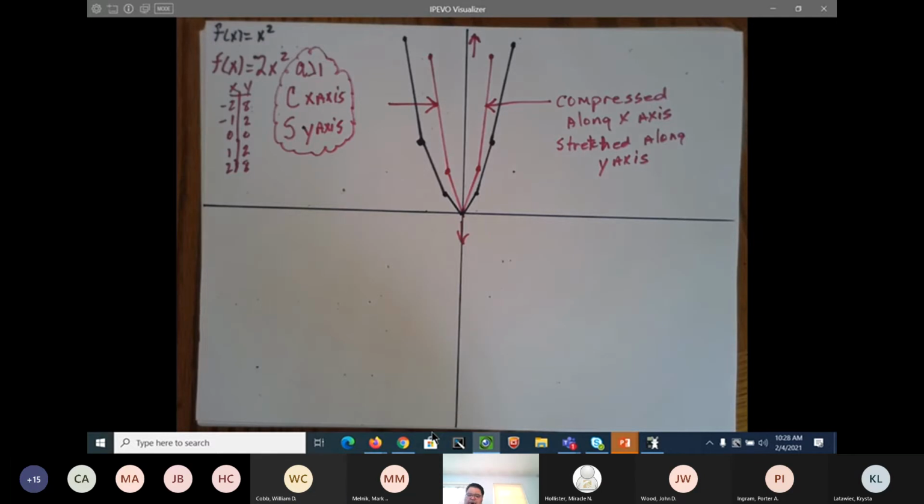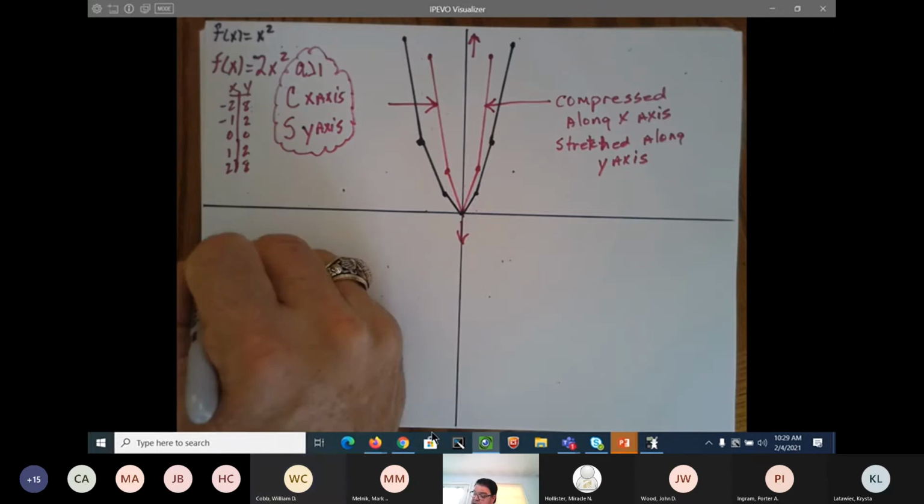Okay? So let's do another one. Let's do 1/2 in a green color. f of x is equal to 1/2 x squared.